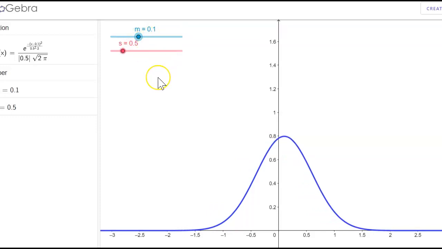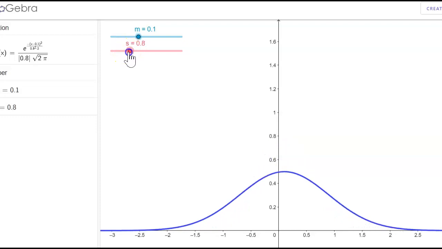Standard deviation is the spread. If I increase my standard deviation, am I increasing the spread or decreasing the spread? Increasing the spread. Okay, if you increase the spread, what is that going to look like for our bell curve? Bigger, taller, wider, shorter, shorter and wider, because here we go.